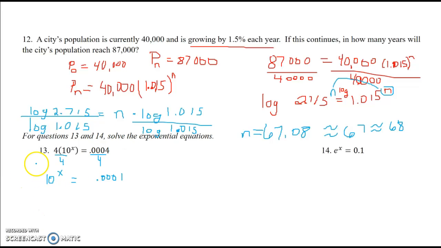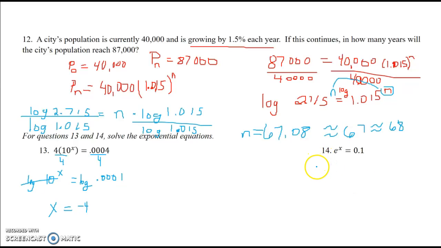Now I'm going to take the log of both sides, and since the common log of 10 cancels each other out, I'm left with x. And this is just log of 0.0001. You can find that on the calculator. It happens to be -4.